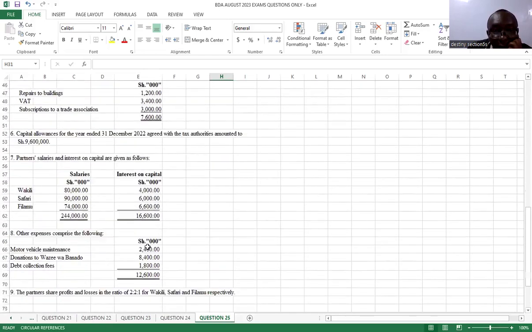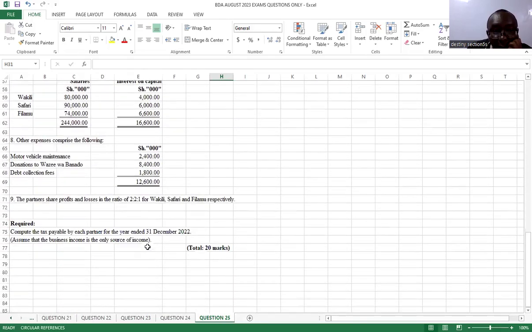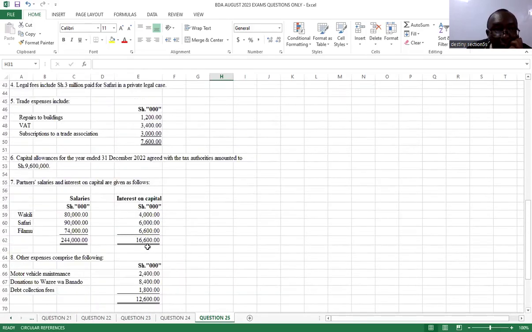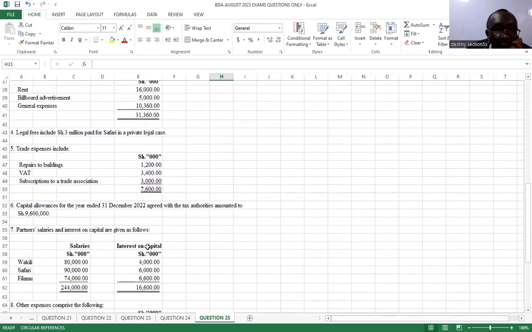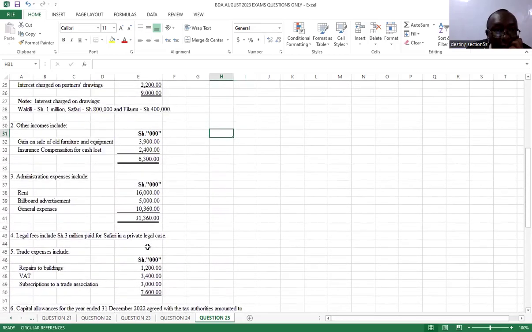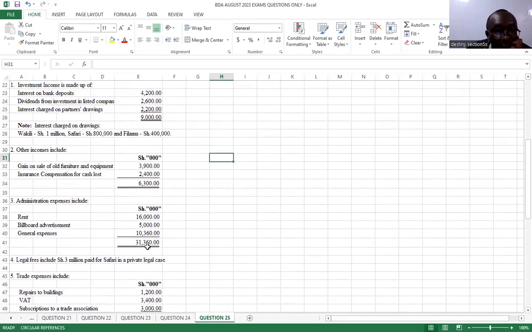Then note, interest charged on drawings, Wakili shillings 1 million, and Safari and Filamu.